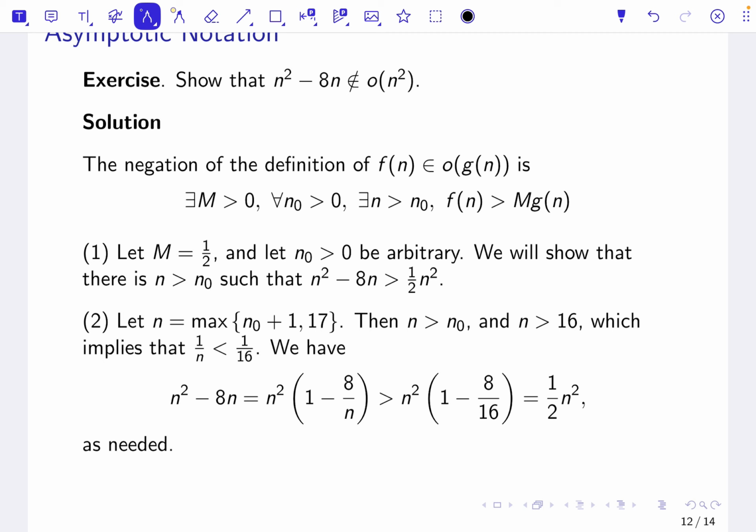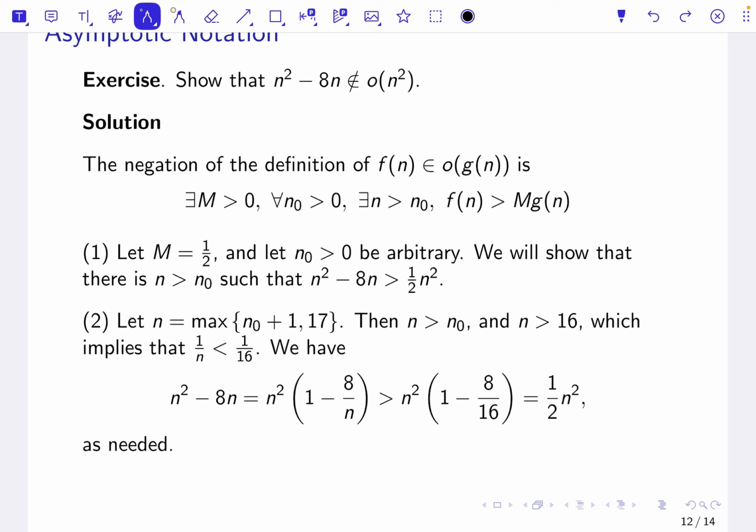So anyway, if we want to show that a function is not in little o of another function, we'll negate the statement as usual. And we note that this gives us 2 existentially quantified variables.